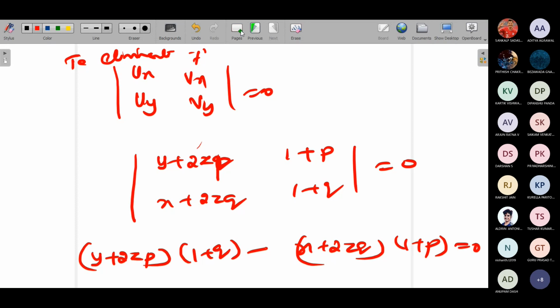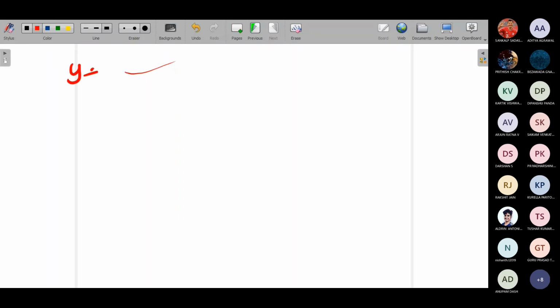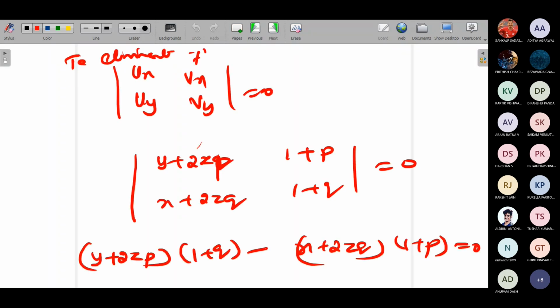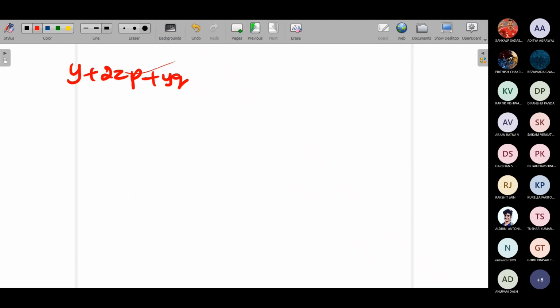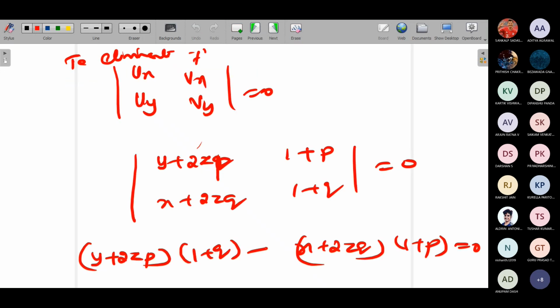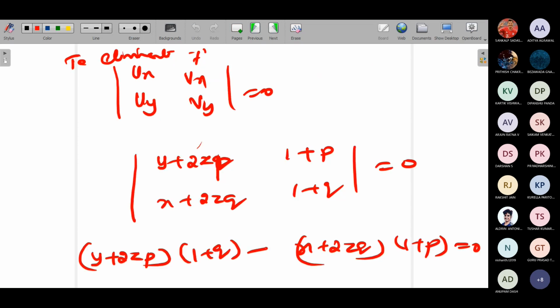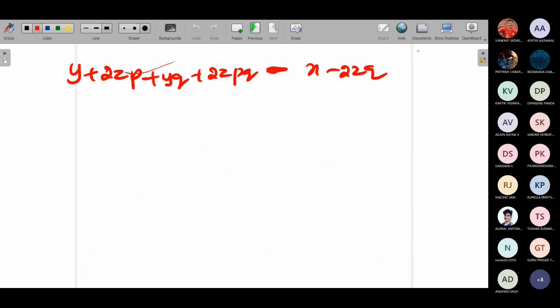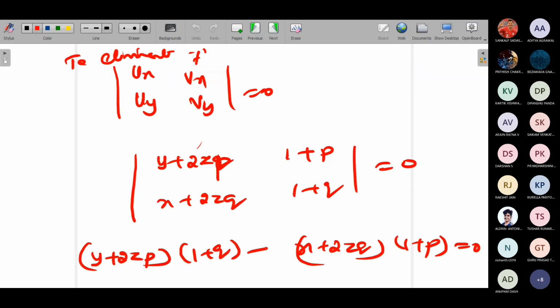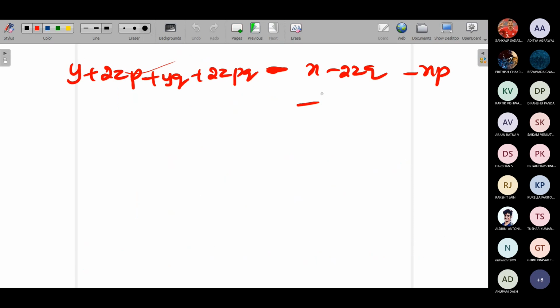You can multiply this and simplify the terms, so it will be y plus 2zp plus yq plus 2zpq minus x minus 2zq minus xp minus 2zpq equal to 0.